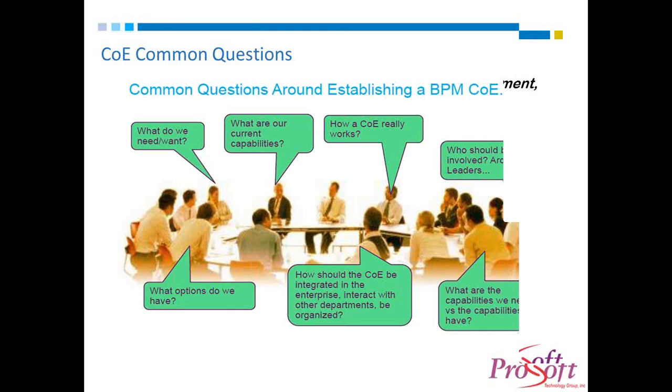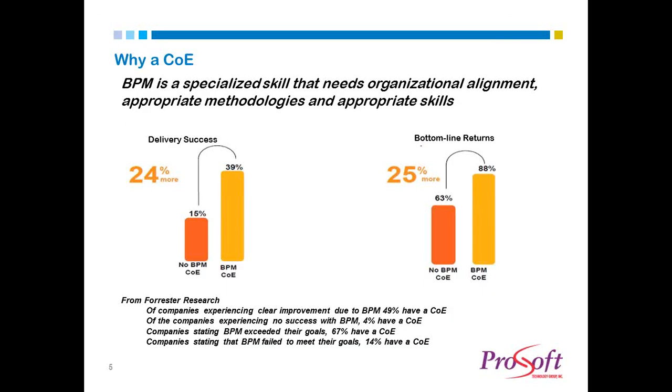And this visibility is organization-wide, not just with the subject matter experts or the people that are dealing with a particular line of business. And of course, it is the capability of that organization to effect continuous process improvement. So that is the full value of BPM, and a CoE does not mean that you will necessarily realize the full value, but it does mean that there's a greater chance of success in realizing that value.